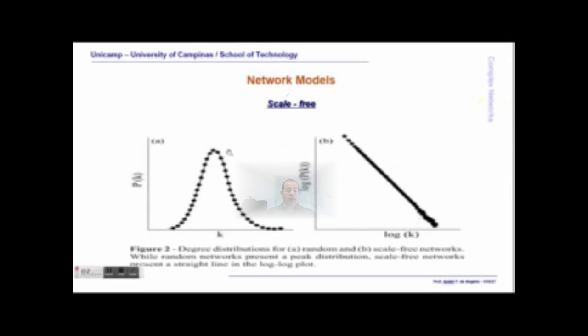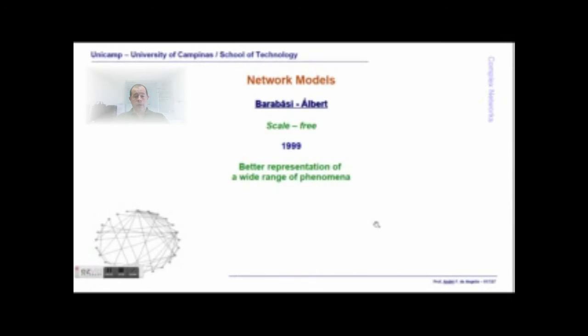In the charts, you can see the difference between a random distribution of degrees, produced, for instance, by an Erdős–Rényi model, and here in log-log scale, the degree distribution of a scale-free network as provided by the Price model. It is very difficult to represent this graph in a linear scale.